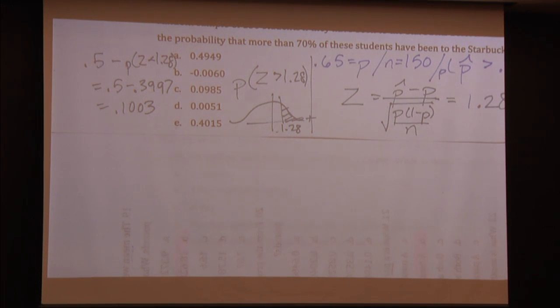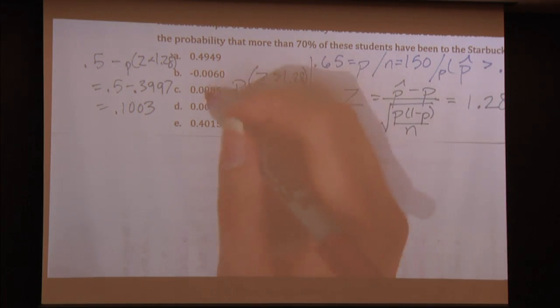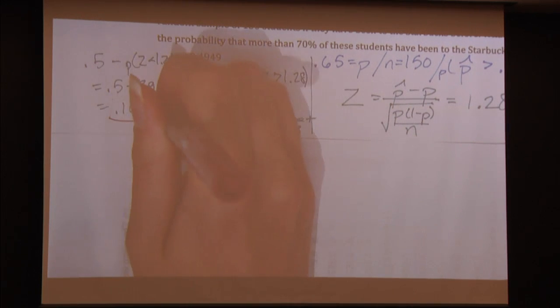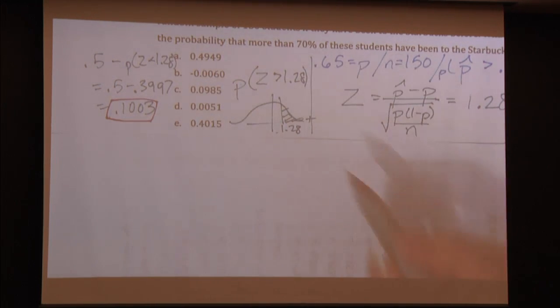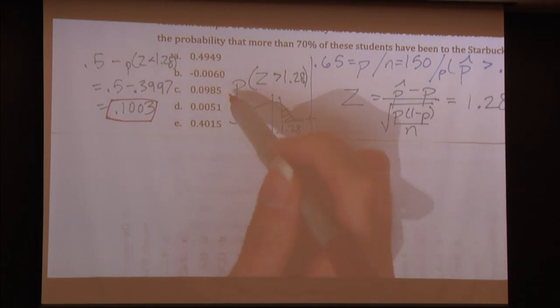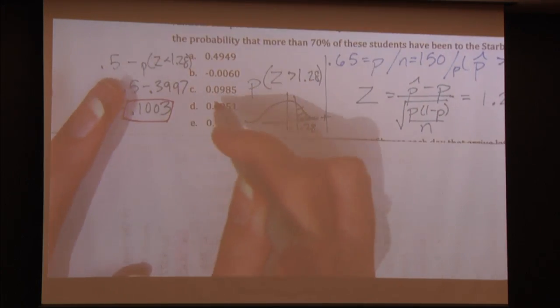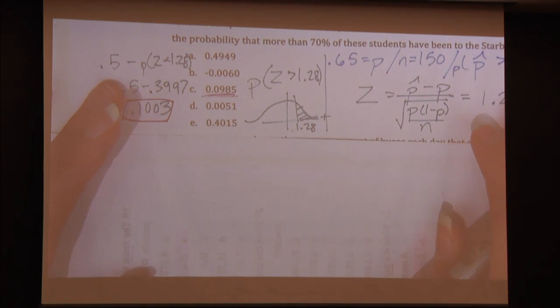Probably when I rounded your z-score, I did something a little differently. But I will fix this on the key as far as the answer choices. You can see that it's really not here. There's this one that's kind of close, but a little off.